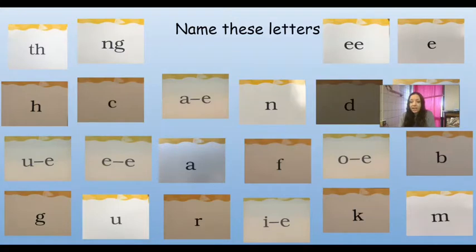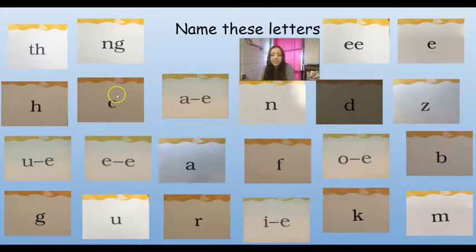We're going to name our letters and our digraphs today. We want to make sure that we're using that language and vocabulary of digraphs because that tells us it's 2 letters that make one sound. When I point at it, tell me the name. Are you ready?